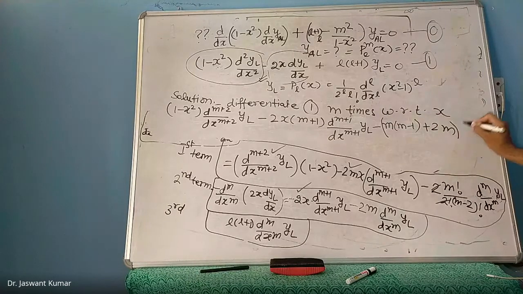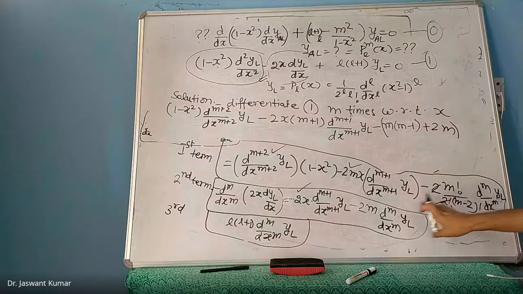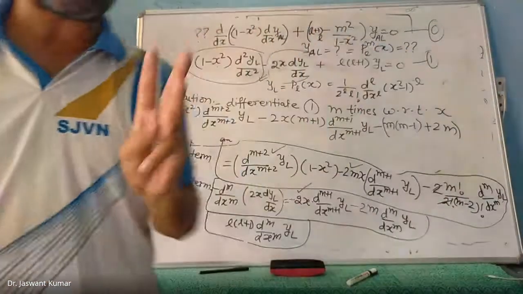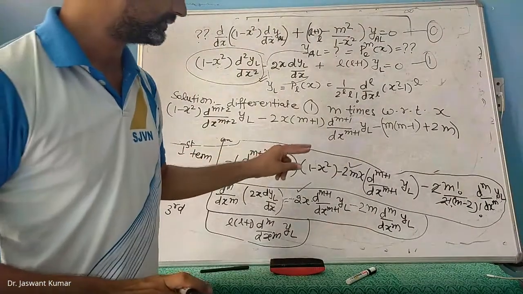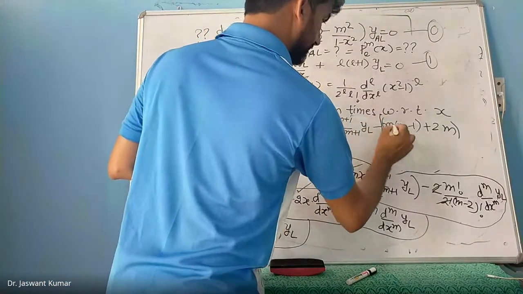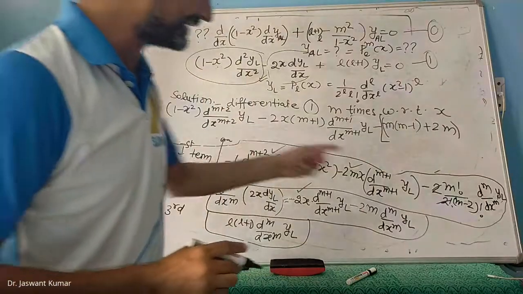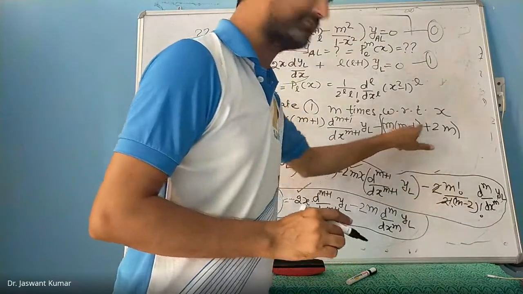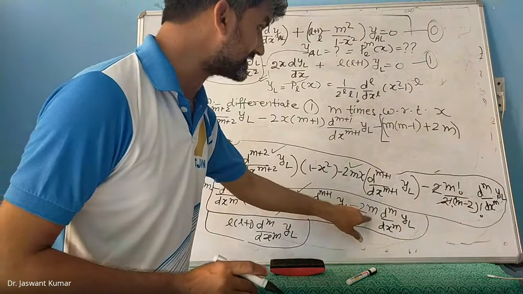Now we have written only two terms here, keep this in mind too. Okay? Minus sign common, so this is m into (m minus 1), and minus sign common, so this is plus 2m.